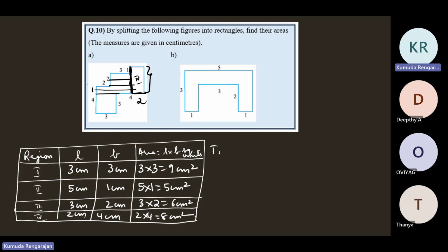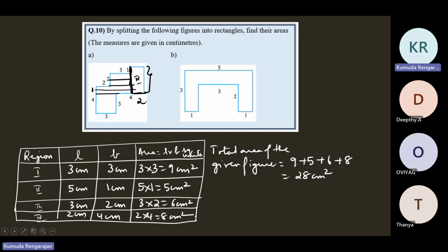So the total area of the given figure is equal to 9 plus 5 plus 6 plus 8. So it is 9 plus 5 is 14, 28 centimeters square. What was the answer we got earlier, children?